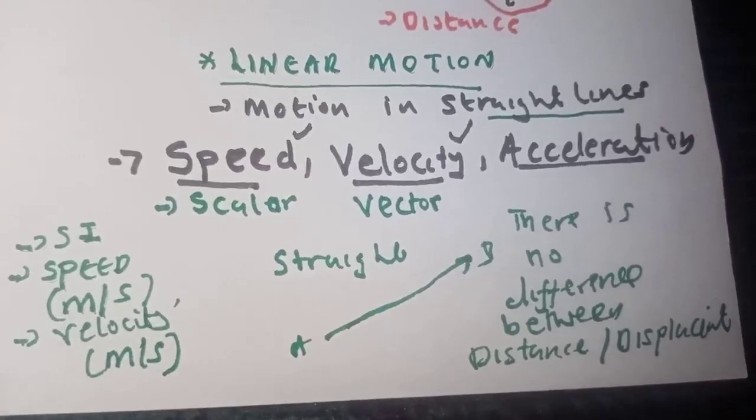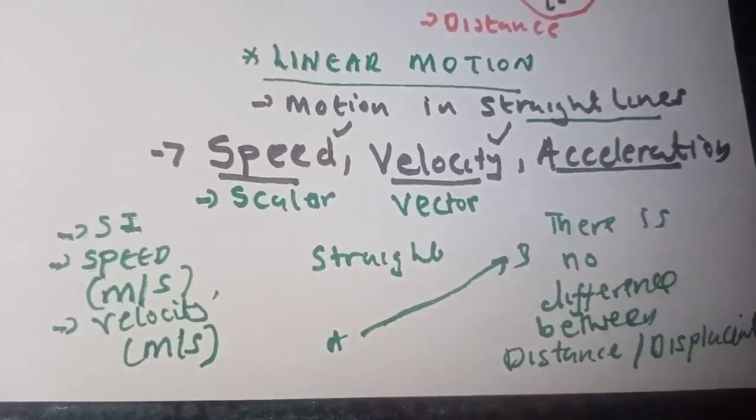Per second. And we'll be using them interchangeably, because we're looking at linear motion. Under linear motion, speed and velocity are basically the same thing. And also distance and displacement, there is no difference between them.